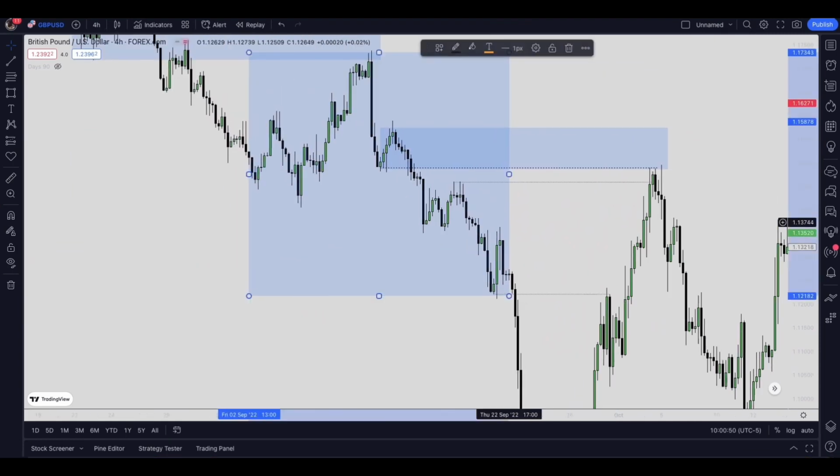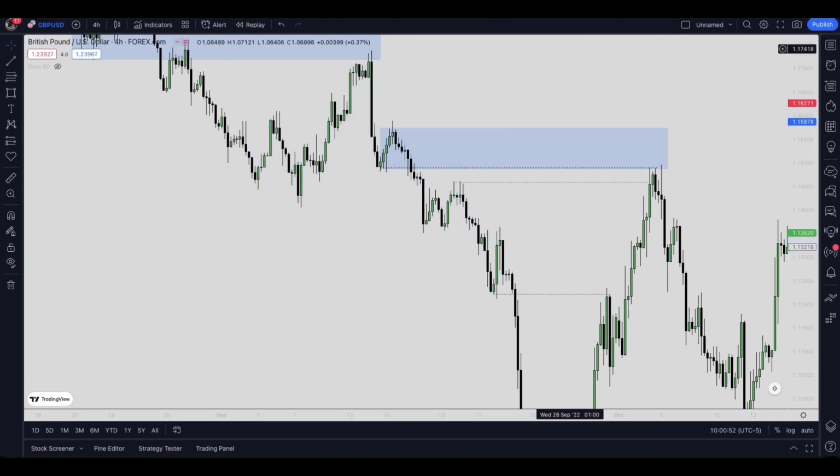Even if we go higher, we can see this order block, and we projected the low of it out, and that is also a point of hedging. It's also a high resistance area.